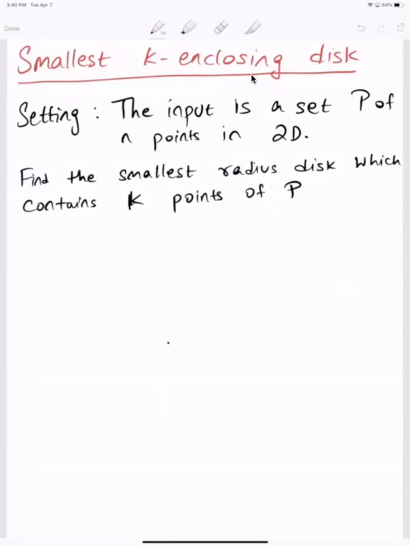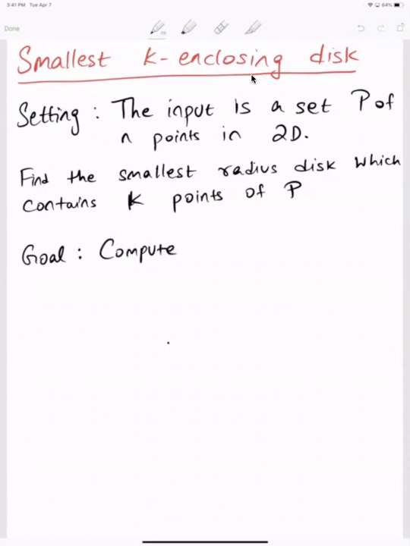Because this is a course on approximation algorithms, we don't want an exact algorithm here. Instead, the goal is to compute an approximation. So what's the approximation here?